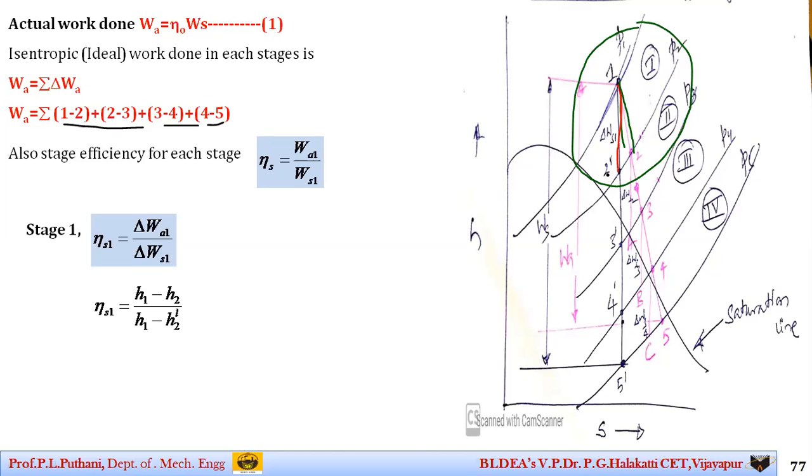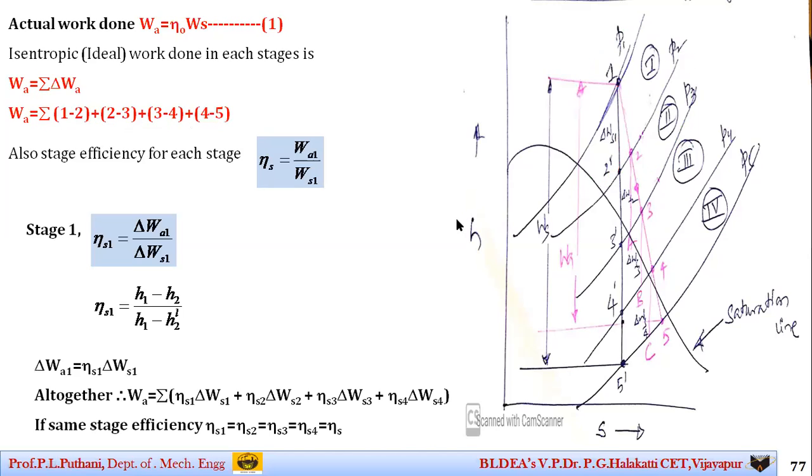Similarly, I can write for the other stages also. So for all the stages together, I write it as the summation of eta s1 Ws1 plus eta s2 Ws2 plus eta s3 Ws3. And already in the assumptions we have stated that all these stage efficiencies are equal to one another, that is, they are the same stage efficiency.